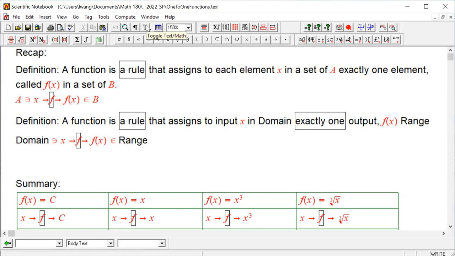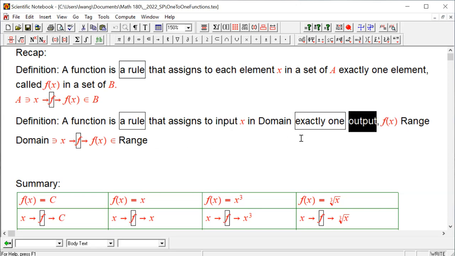Now we have tweaked the definition of function without changing the initials, but we use the words that we're going to use more frequently. We call the set A the domain, and instead of element we use the slightly different words input and output.